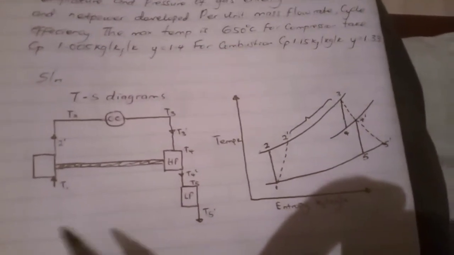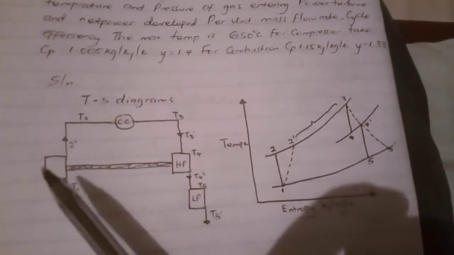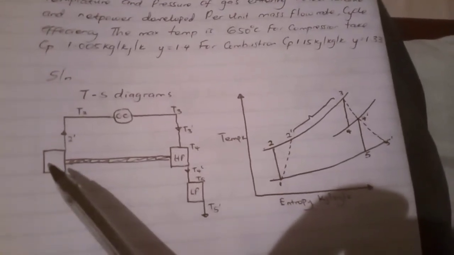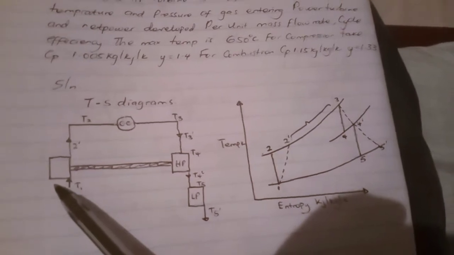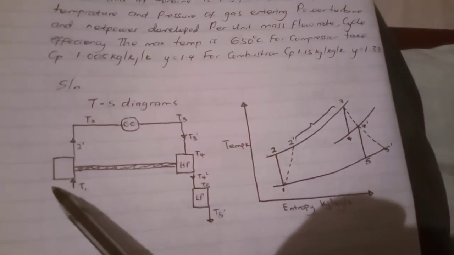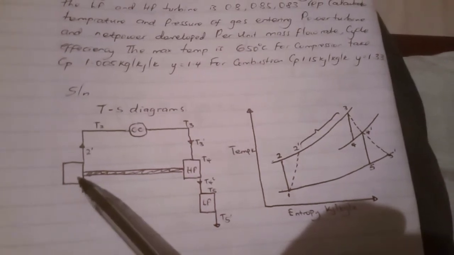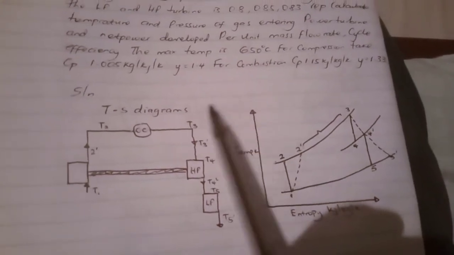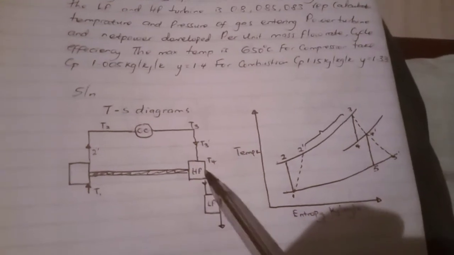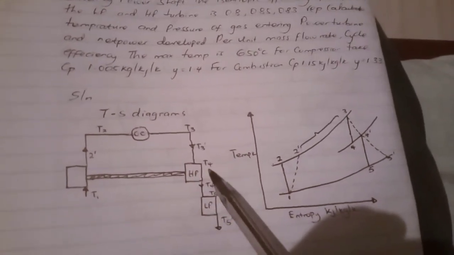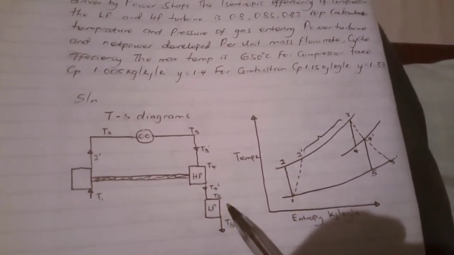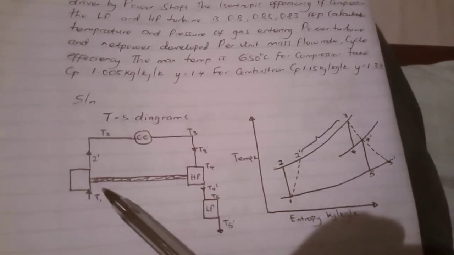Then you are supposed to represent how the gas turbine looks. This is the combustion chamber. We have the HP high power turbine, and then we have the low pressure turbine. We also have the power shaft.